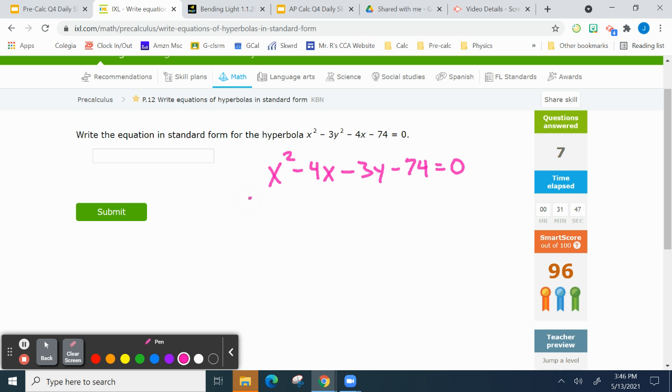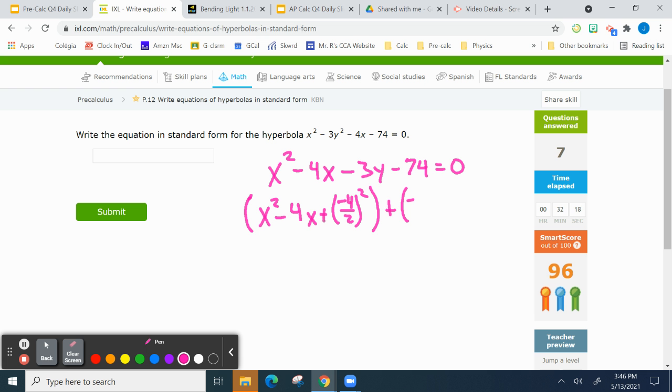So we're going to complete the square on this, and it's going to be x squared minus 4x minus negative 4 over 2 squared plus, I did that wrong, I think.